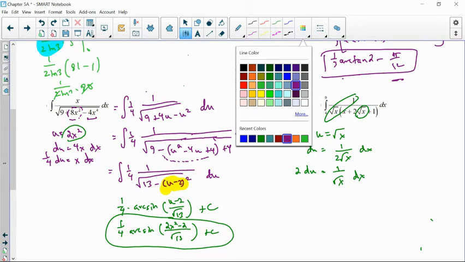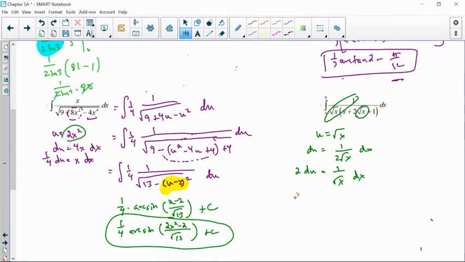So let me go back to purple. Oh, I like orange. Why not? So I've got 2. And then let's see, the square root of 4 becomes a 2. The square root of 9 becomes a 3. Now I know this right here would be a 2u, but then x is technically the square root of x squared. So I can think of this as 1 over u squared plus 2u plus 1.